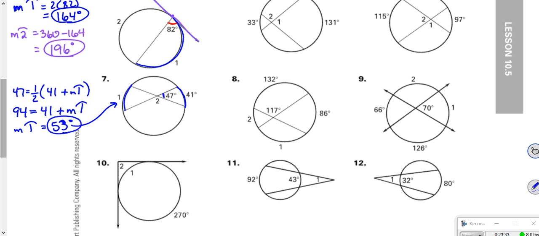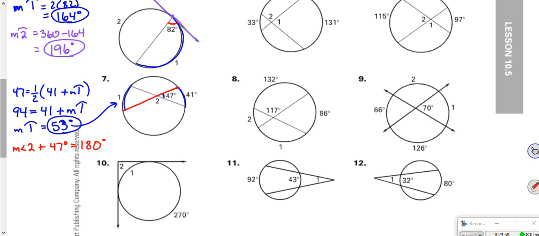What would number 2 be? There are several different ways we can do this, but the most straightforward way to find number 2 is this: if this is a chord, that means it's a straight line. That means the measure of angle 2 plus 47 degrees has to equal 180 degrees. Those are supplementary.